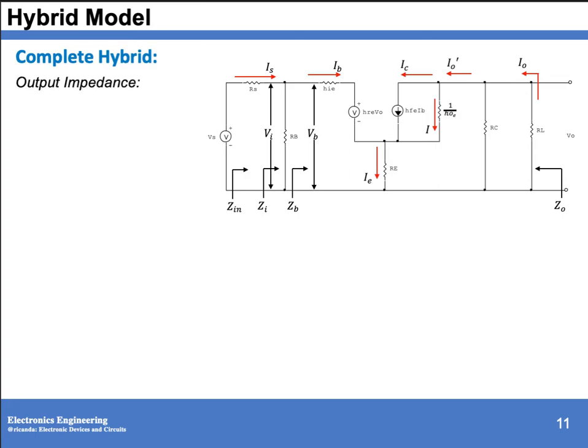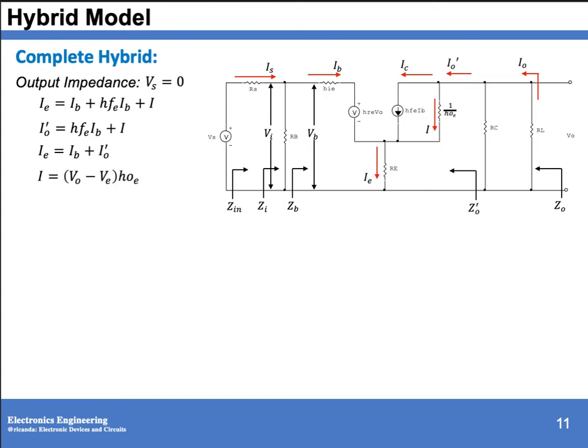For output impedance, setting VS to 0. So first, we have to solve for your output impedance prime, that is before RC. So first, also, we have to get the equation of I as well as IO prime. Then IE can be expressed as IB plus IO prime. Then we have already the equation of I, also VBE.